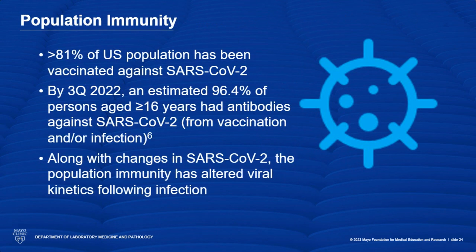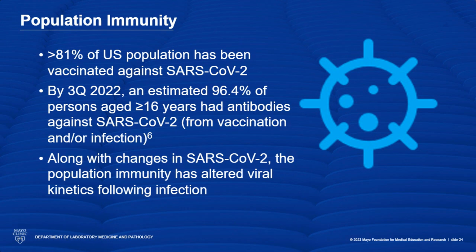At this point, 3.5 years after the beginning of the COVID-19 pandemic, greater than 81% of the US population has been vaccinated at some point against SARS-CoV-2.